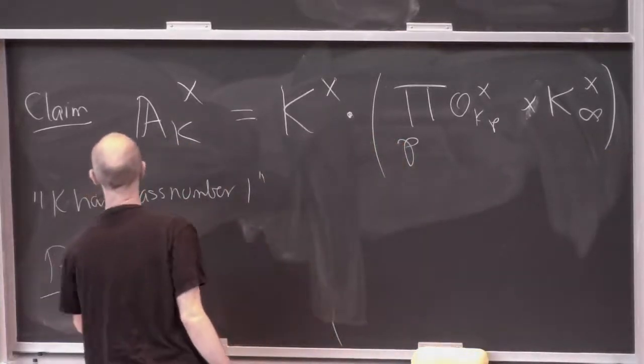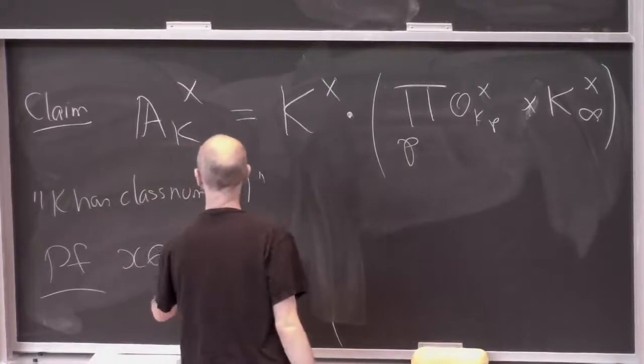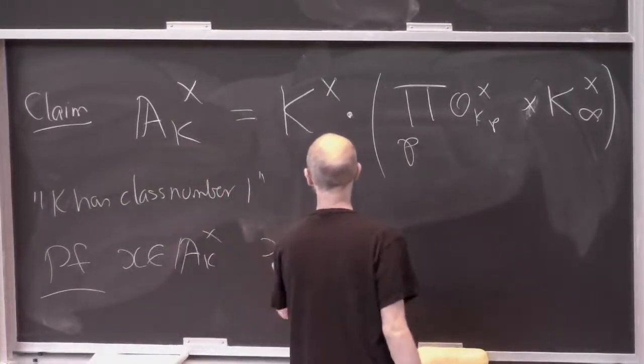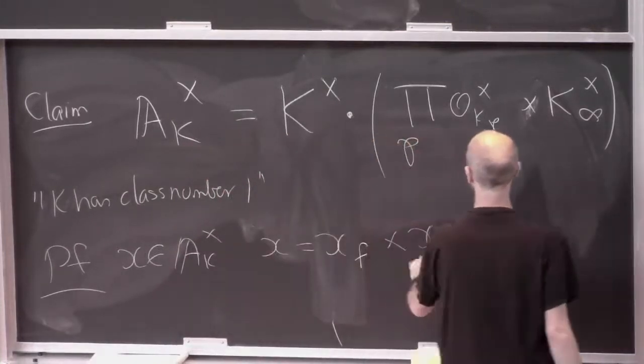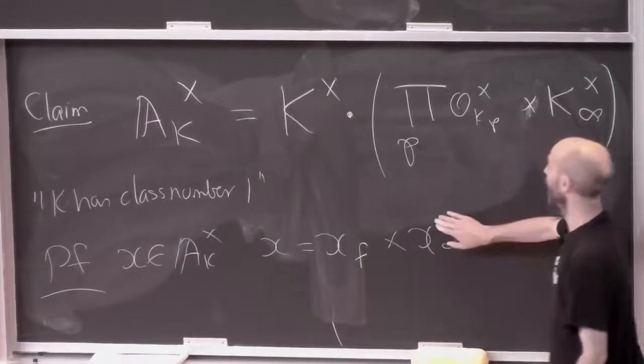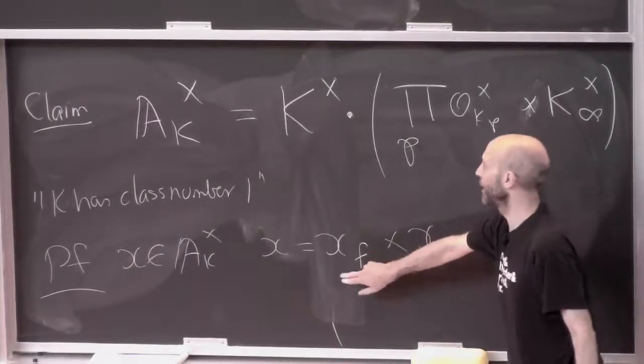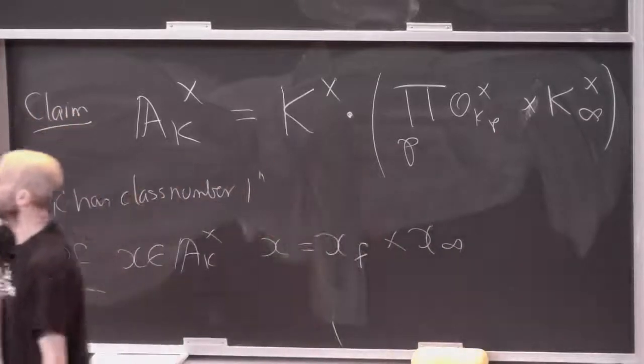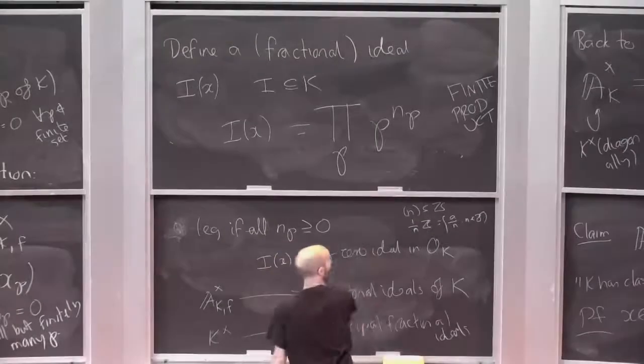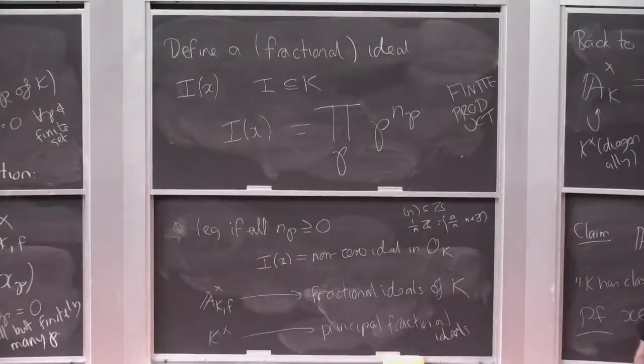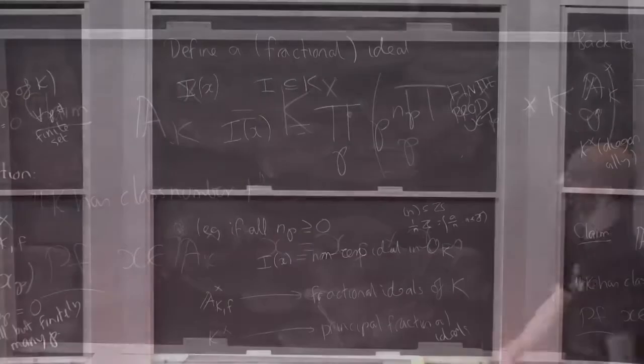Here's the proof. If I've got x in A_K star, why don't I write it as x equals the finite part times the infinite part. The infinite part is a complex number, and the finite part is in the finite idels of K. And I just explained a construction. That's a random bunch of p-adic numbers which are completely unrelated, all but finitely many integers.